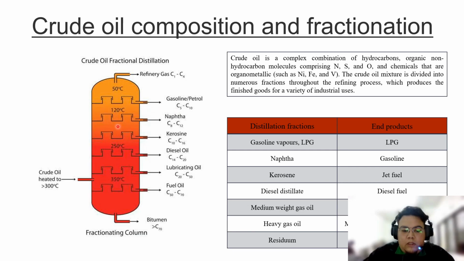Around 120 degrees Celsius, they go for kerosene. At 250 Celsius, they go for diesel oil. More than 250 Celsius, they produce lubricating oil. And last, at more than 350 degrees Celsius, they produce fuel oil and bitumen.